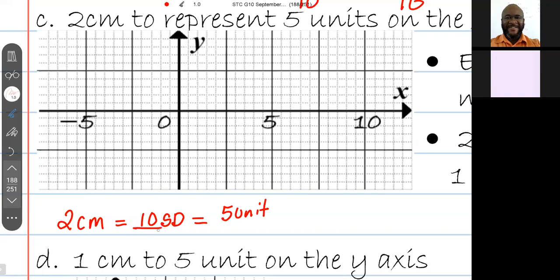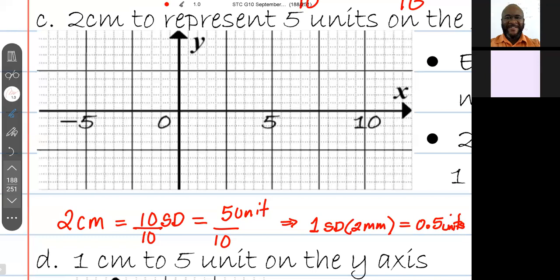So I'm going to divide both sides by 10 to determine the value of one of the small divisions. Therefore, one of these smallest divisions, which is the 2 millimeter interval, is representing 5 divided by 10, which is 0.5 units.